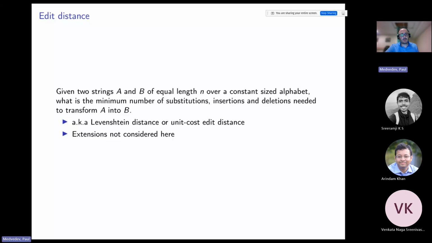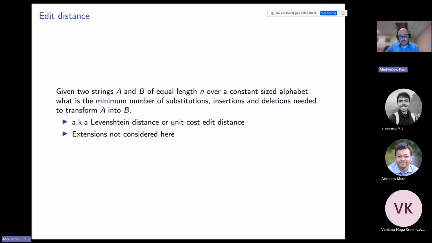Just for simplicity of the talk, we're assuming that the strings are of equal length n, though for the algorithms we discuss, they're usually pretty general, and the strings can be of different lengths. But we're not going to consider other extensions here, like weight penalties for these events and so on. Not because they're not important, but just to make the systematic study narrow enough so that we can tackle it.